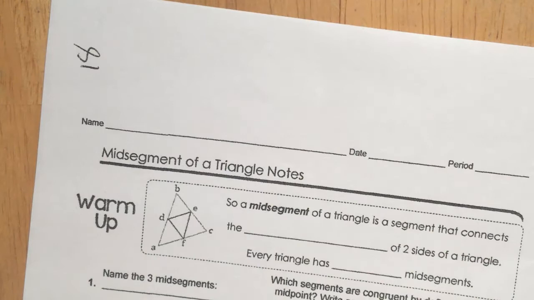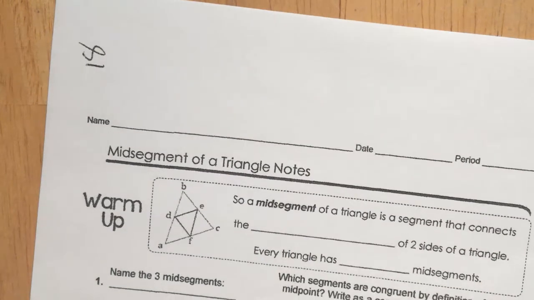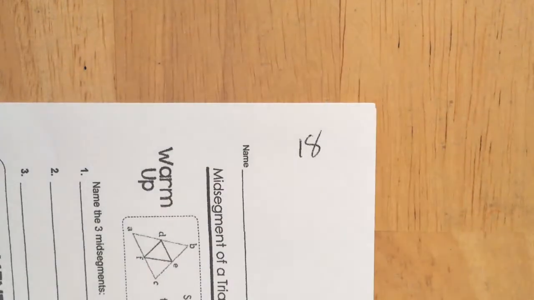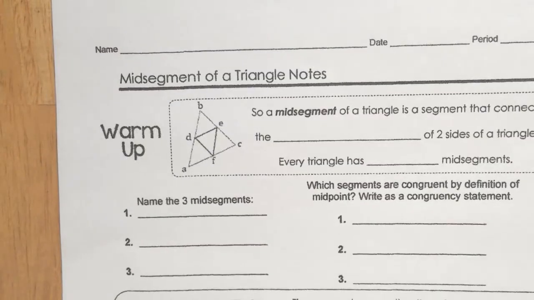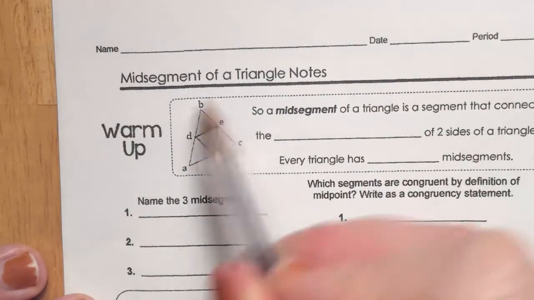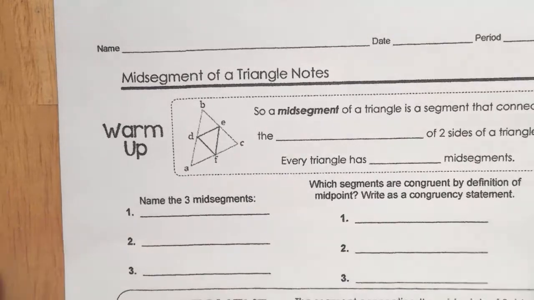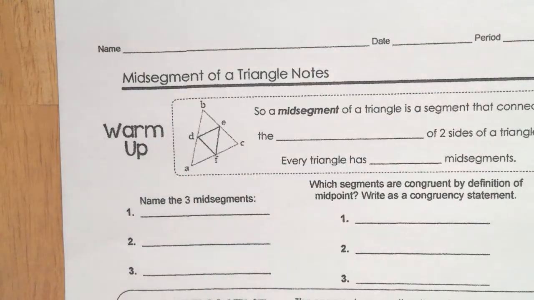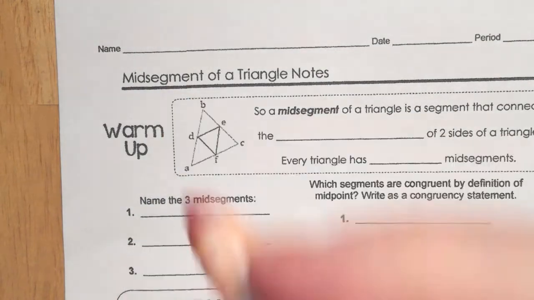All right, so let's go to page 18 of our notes, the mid-segment page. We have this right here. We're going to take different colors here, that'll help us out.